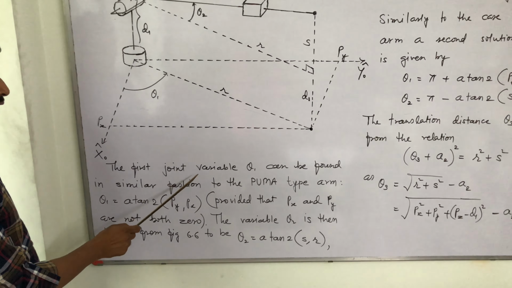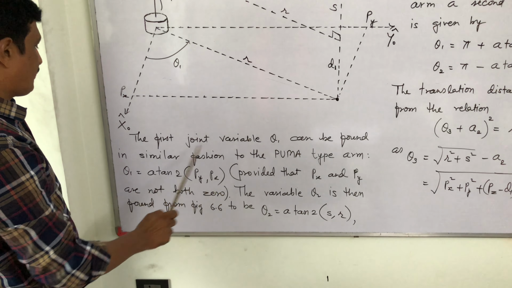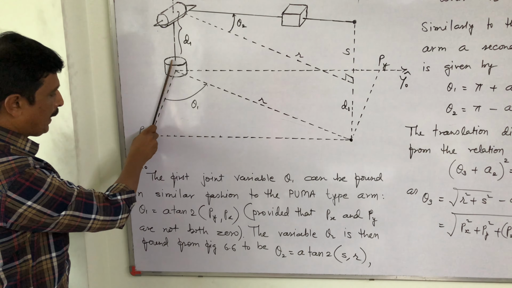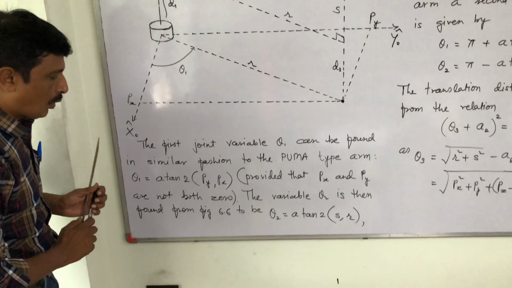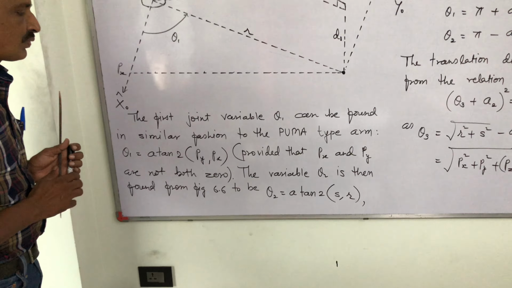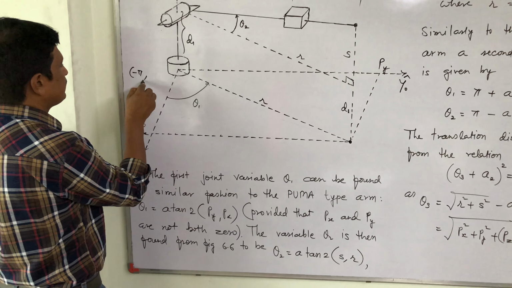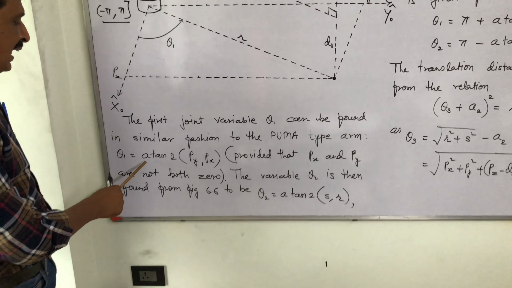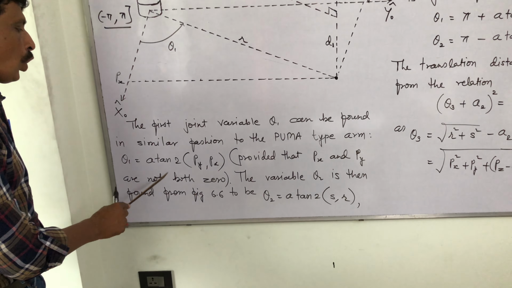The first joint variable θ1 can be found in similar fashion to the PUMA-type arm. θ1 is arc tan 2 of py by px. Tan 2 is just a symbol, a modified inverse function between minus pi to plus pi. So we have symbolized that arc tan 2 is not a multiplier, provided that px and py are not both 0.